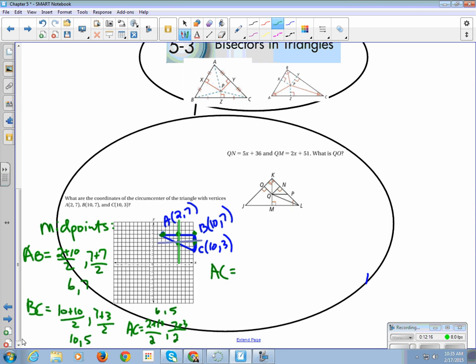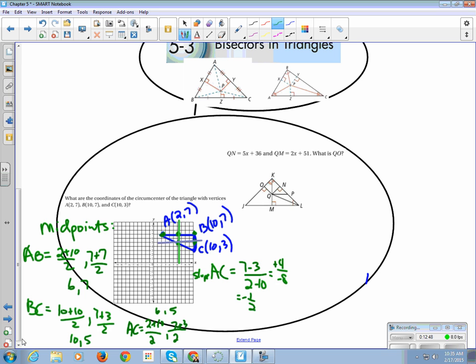I'm going to find the slope of line AC, and the perpendicular slope is going to be the negative reciprocal. So line AC, the slope is going to be 7 minus 3 over 2 minus 10. 7 minus 3 is 4, 2 minus 10 is negative 8. So the slope is negative 1/2.